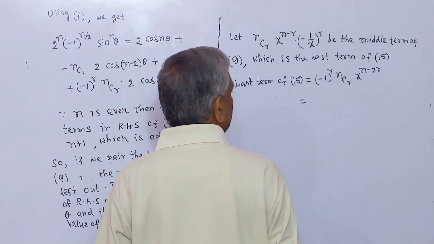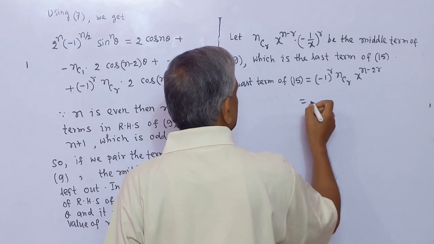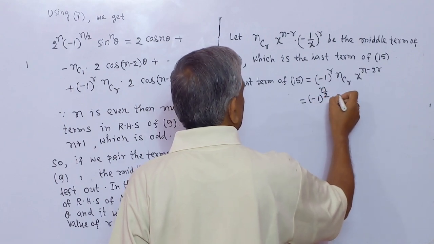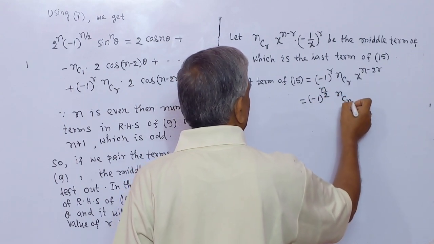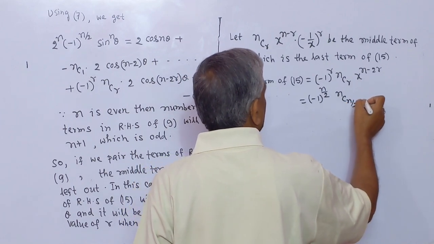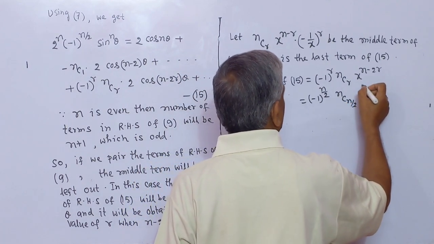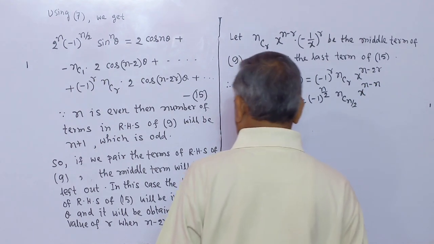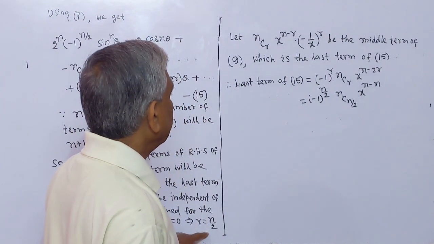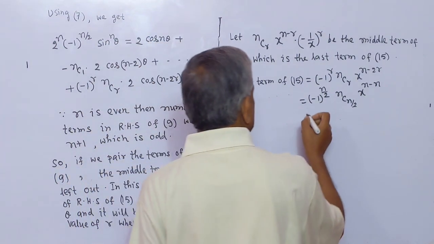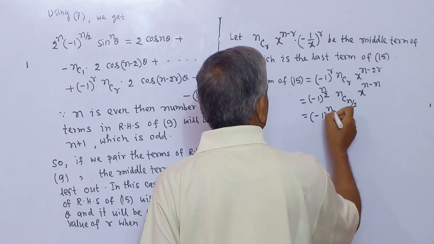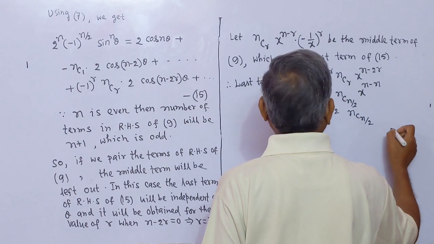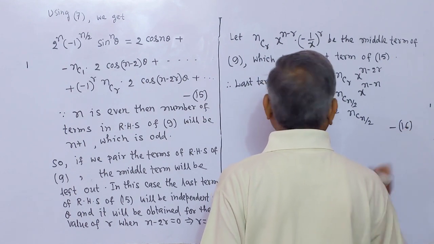Since r is n by 2, this is (-1) to the power n by 2 nC(n by 2) x to the power n minus 2r, and since r equal to n by 2, 2r equal to n, so this equals (-1) to the power n by 2 nC(n by 2). Let this be number 16.